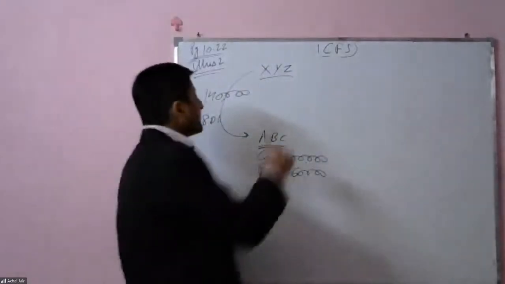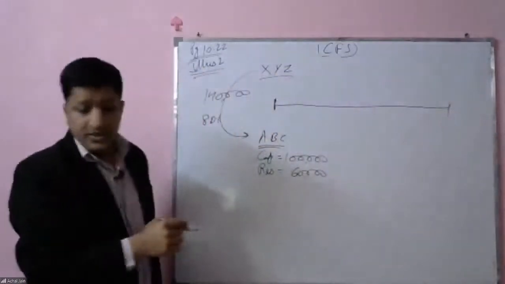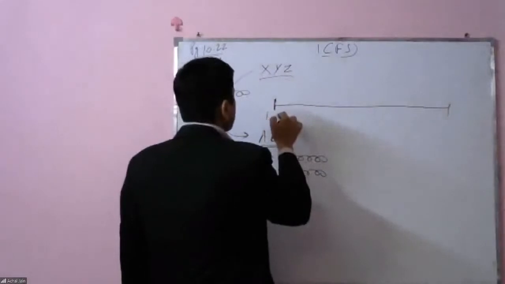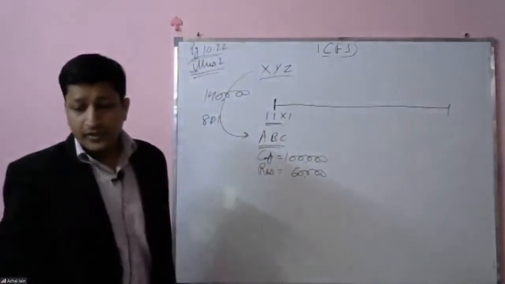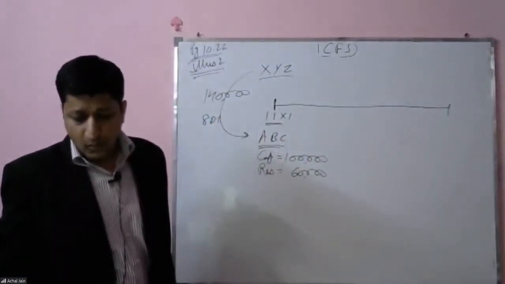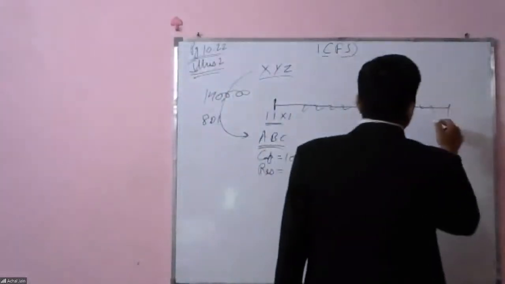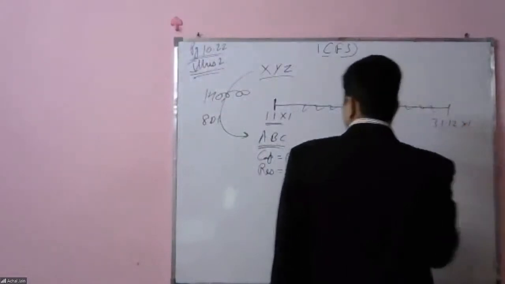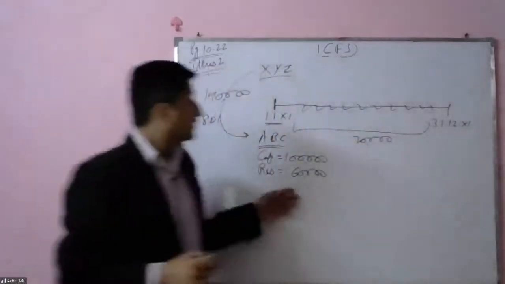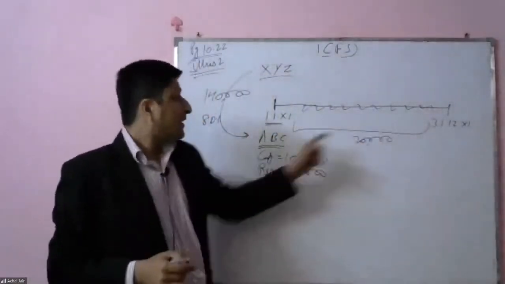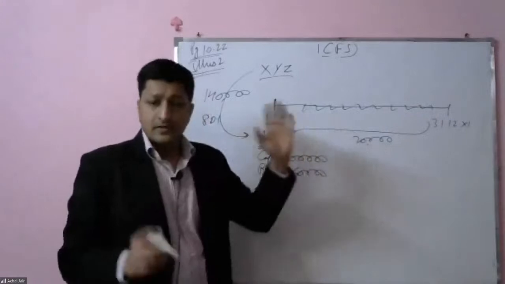This took place on 1st of January X1. After 1 year, ABC earned a profit of 20,000. If you look at the end of the year, capital will be 1 lakh and the reserve will increase by 20,000.